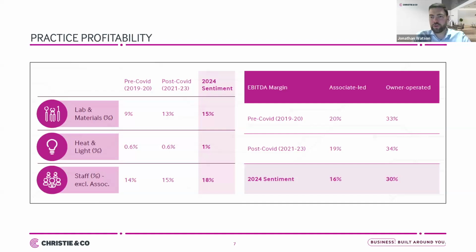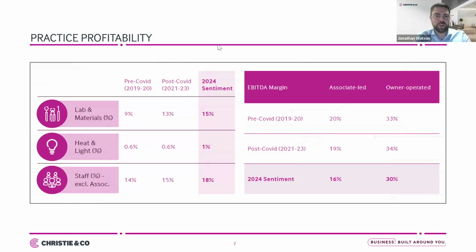And then what knock-on effect has that had on profit? Well, you'll see there that associate-led profits, which we'd often see at 20-25%, in some very good cases, are now dropping to around 15-16%.